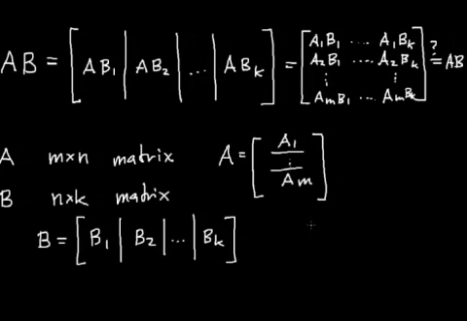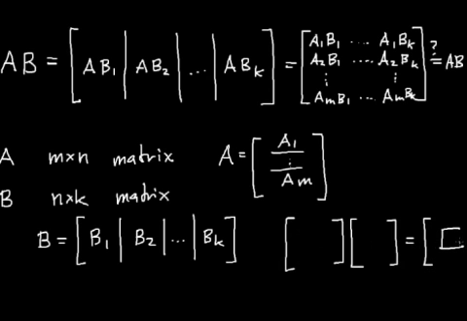Look, I'm going to convince you that we know this already. How does matrix multiplication work? When you have two matrices and you multiply them, what are you going to put at a position where the row index is i and the column index is j?